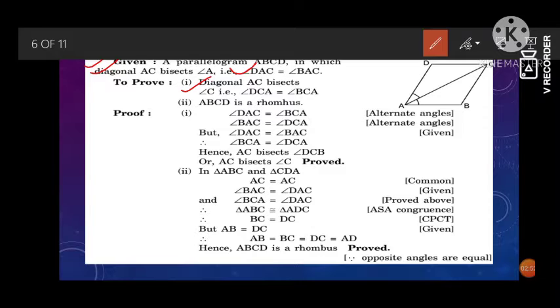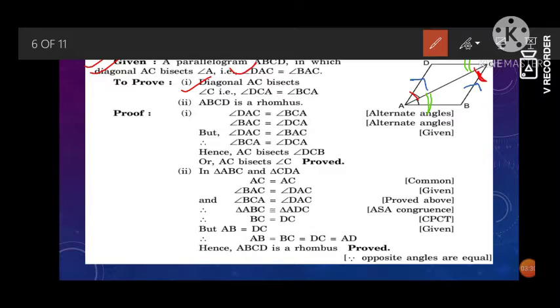To prove the first one, you can see angle DAC and angle BCA, these two angles are equal. Again, angle BAC and angle DCA, these two angles are equal. As ABCD is a parallelogram, AD and BC are parallel to each other and AC is the transversal.